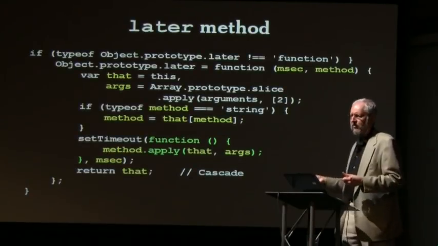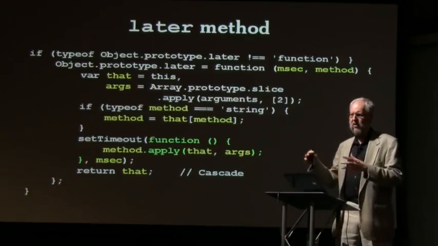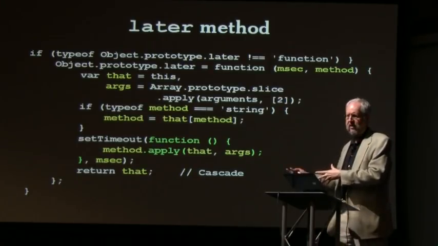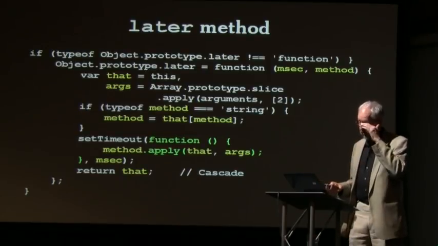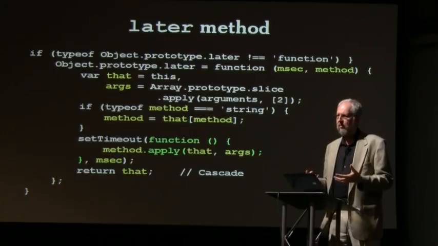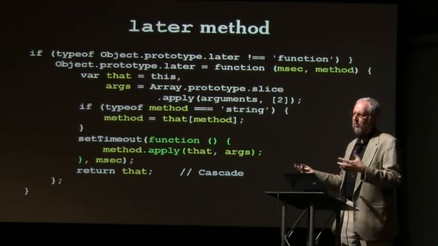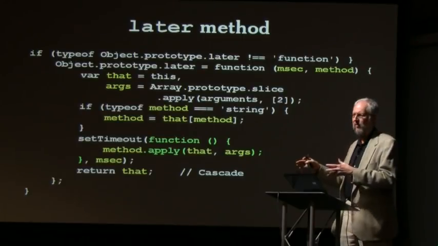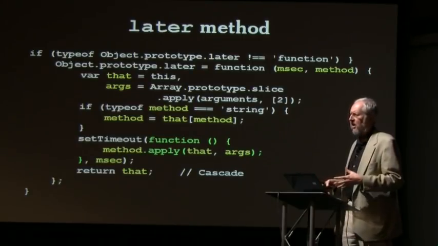So I'm going to add this to Object.prototype. I could add it to any of the ancestors in my application. This is one place to put it. Object.prototype is a global object. And so all of the problems you have with global variables, you have with global prototypes as well. And so this is something you want to do really cautiously.